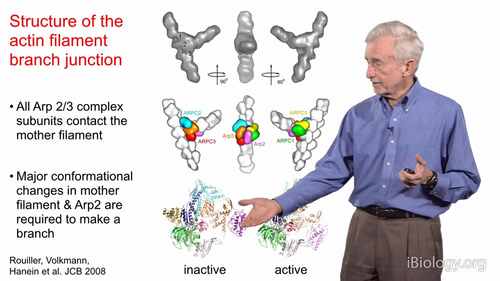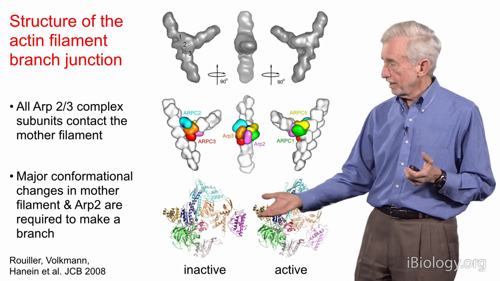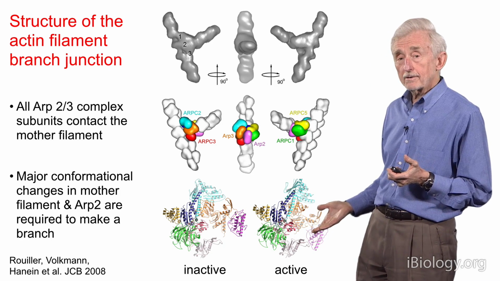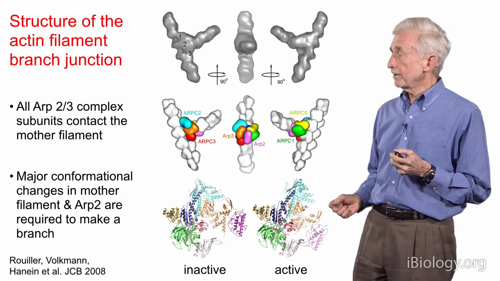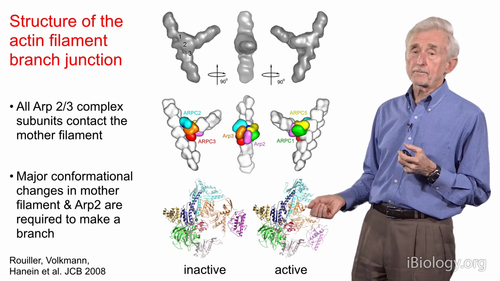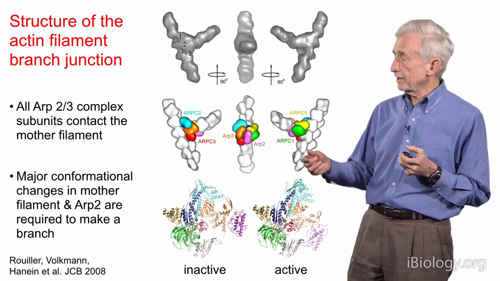So for example, down here at the bottom, here's the crystal structure of the inactive ARP2/3 complex. And over on the right, a model showing how ARP2 has to move about 30 angstroms in order to come into close contact with ARP3 and to become the first 2 subunits in the daughter filament.